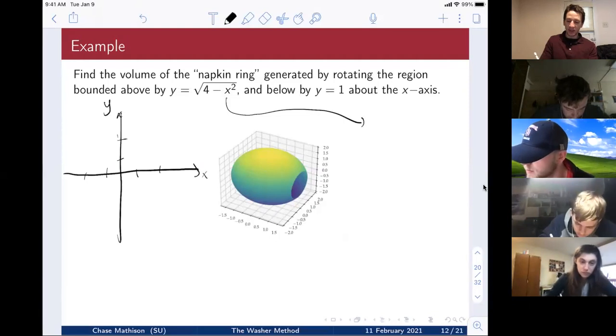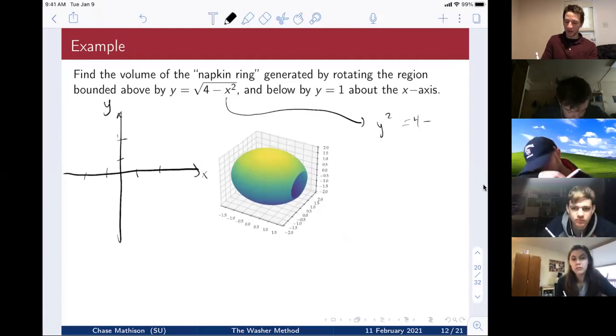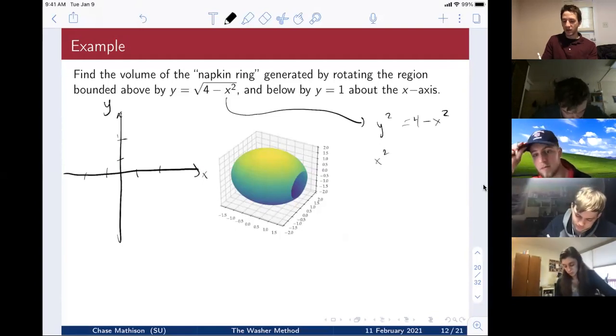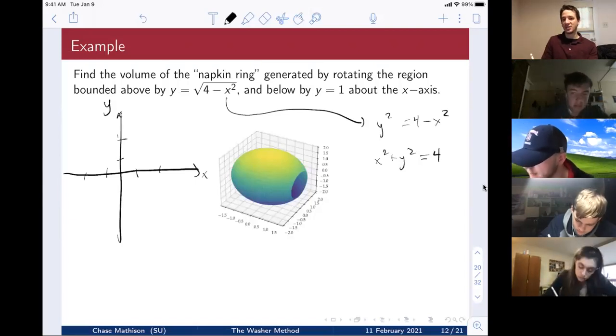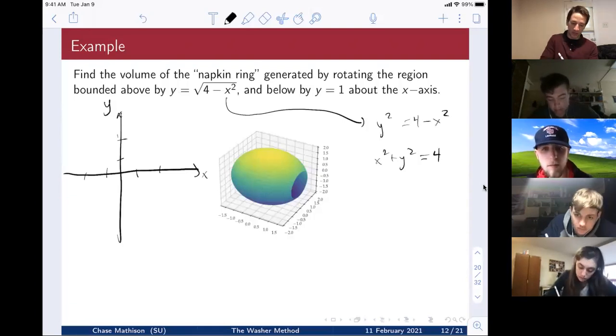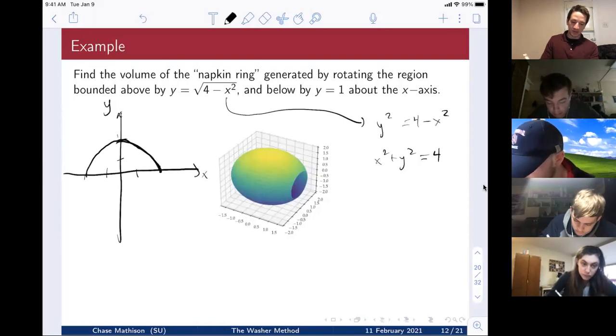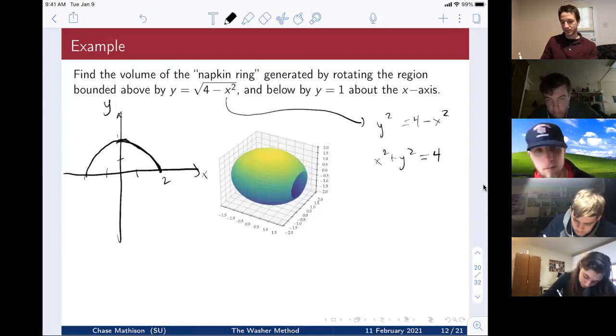And the way we can see that is square both sides. We get y squared equals 4 minus x squared. So x squared plus y squared equals 4. Notice before we were taking the positive square root. So that means y has to be positive, and I'm looking only at the upper half of this circle of radius 2.